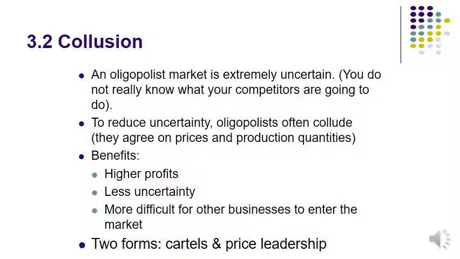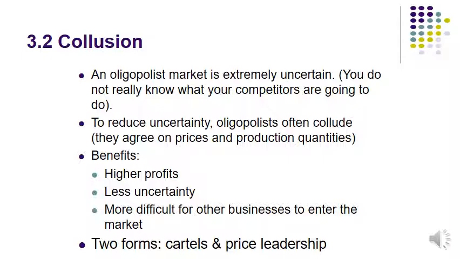Then if we look at collusion, in an oligopoly market there is opportunity for collusion because you don't really know what your competitors are going to do. And as I said, when we discuss the kinked demand curve, you will see that they're mutually dependent. So it will be beneficial for them to know what each other is doing.